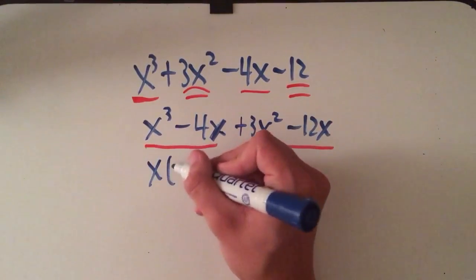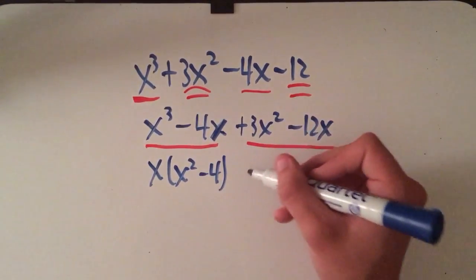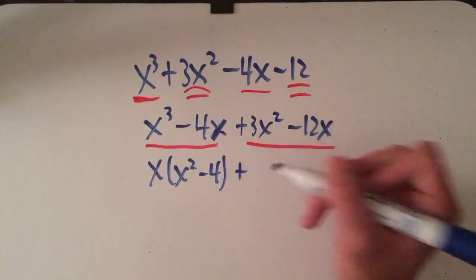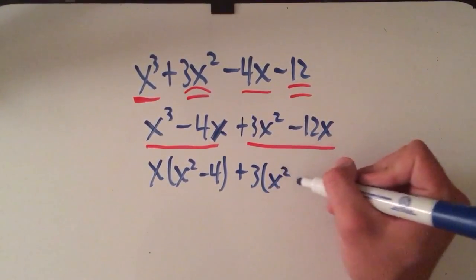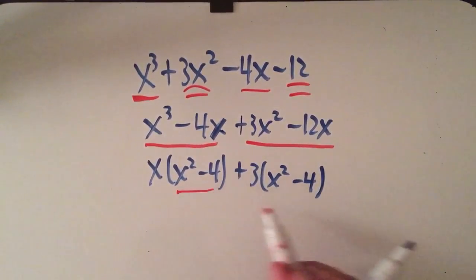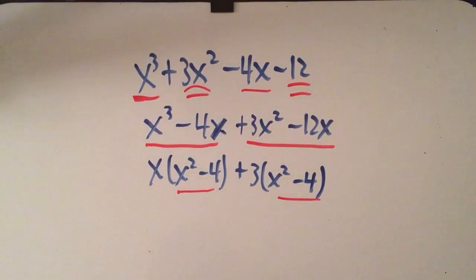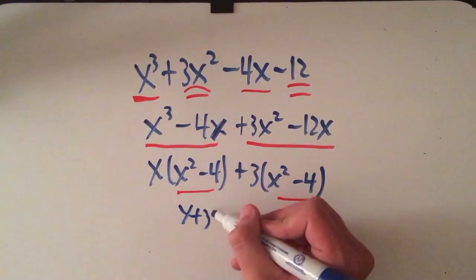So that'll be x times x squared minus 4. Then we got a plus, factor out a 3, x squared minus 4. And look at that. Those two terms are looking pretty similar, so we take those.